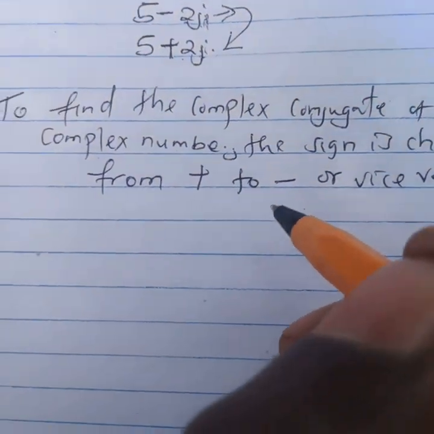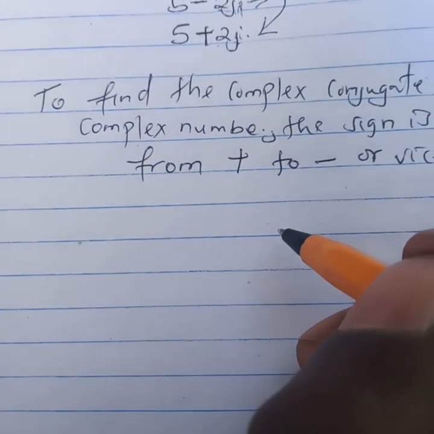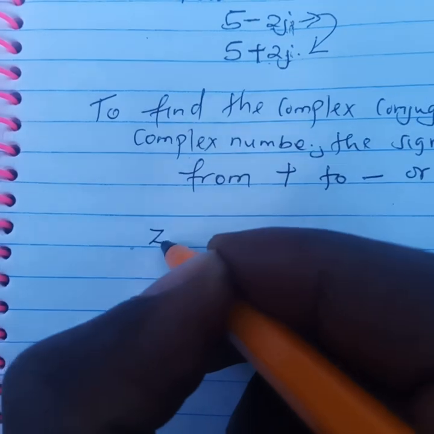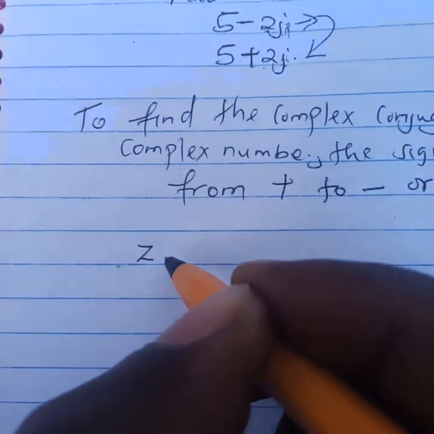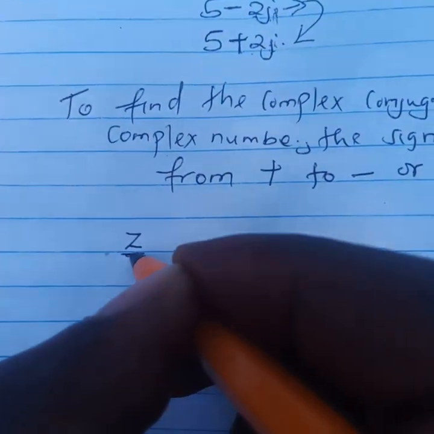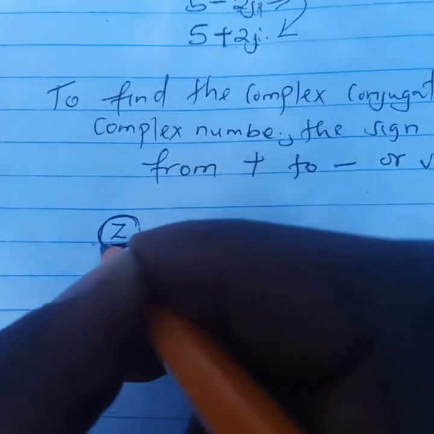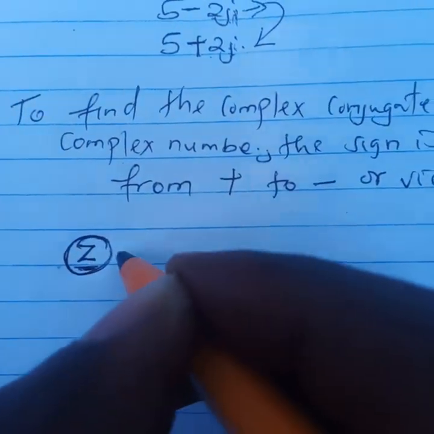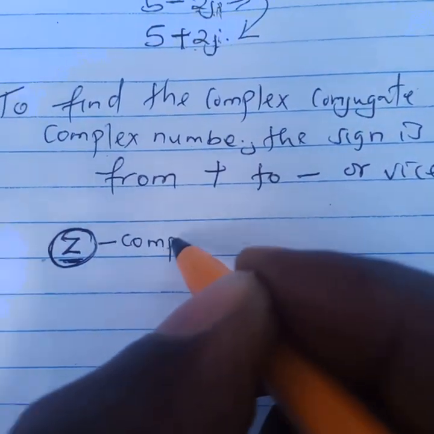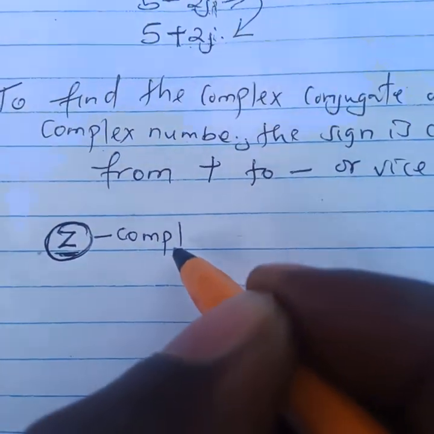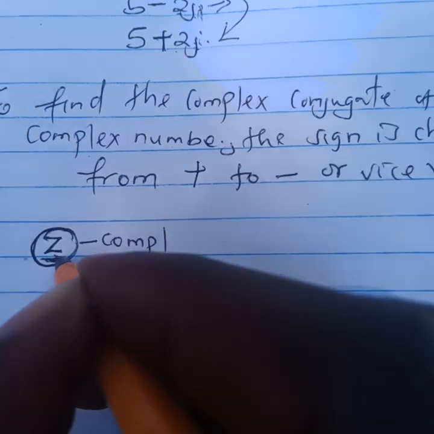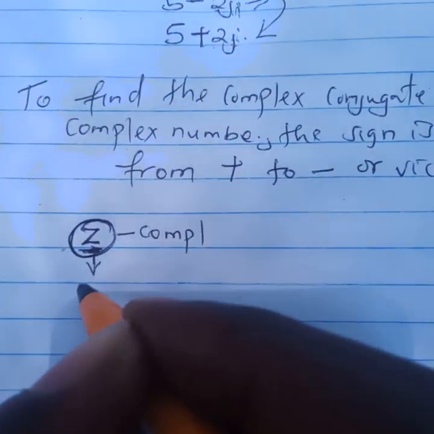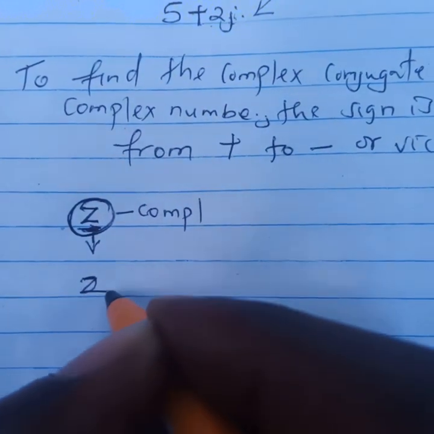We denote a complex number with the letter Z. Get this clearly. Z is a complex number, but the conjugate of this complex number is Z bar.